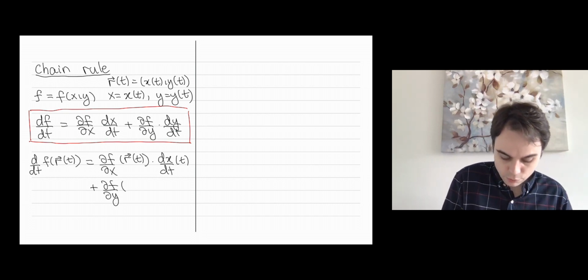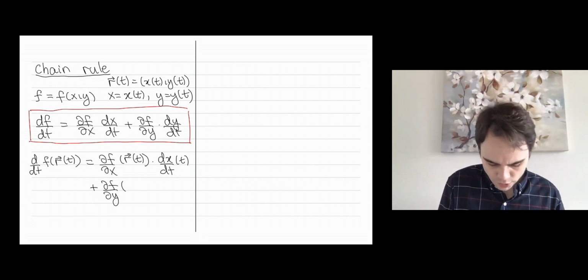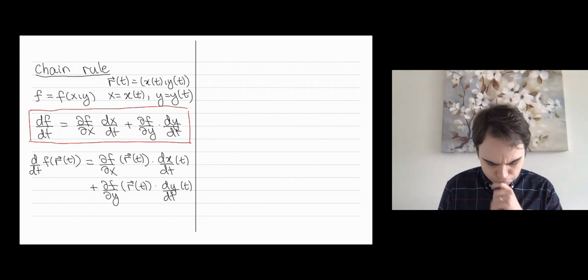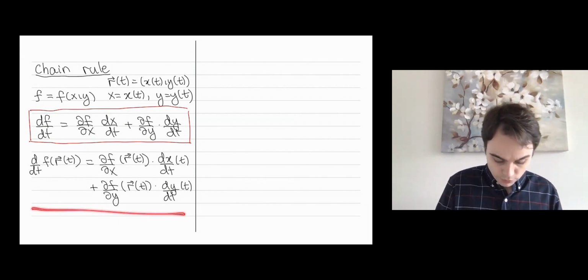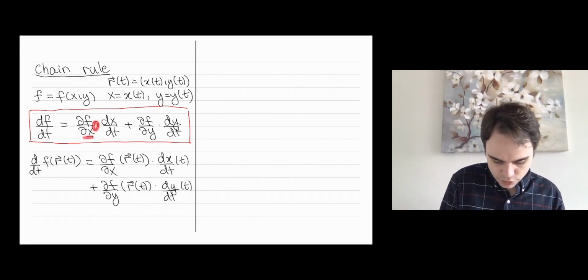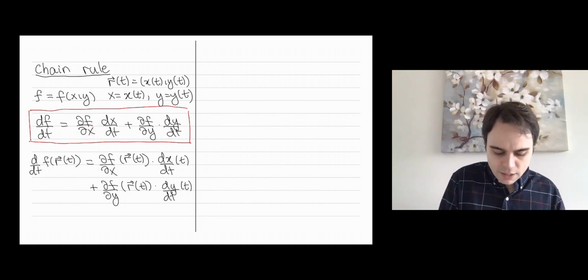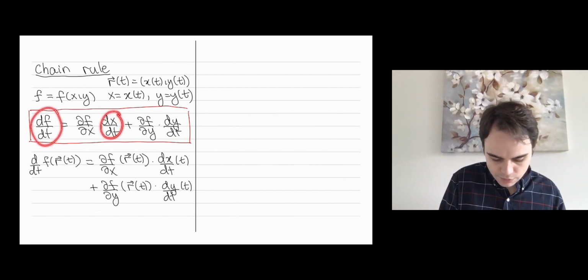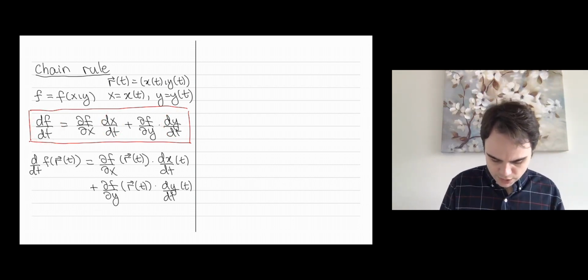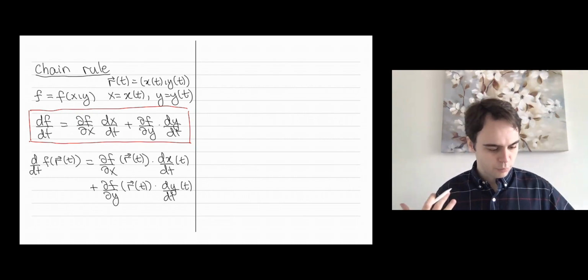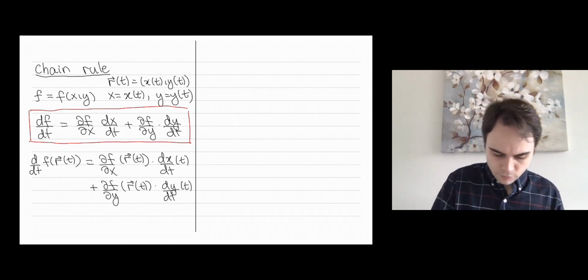So here I'm just rewriting the same formula but telling you where to evaluate the various functions, because this is the sort of thing that people usually mess up in exams and homework. So the point is the functions with respect to x and y we have to evaluate at points of the xy plane, and the functions of t we evaluate at values of the parameter t.